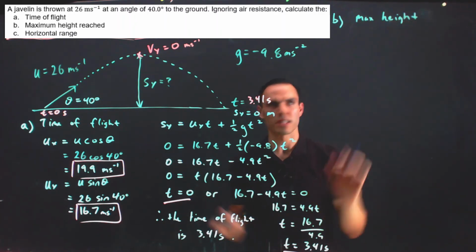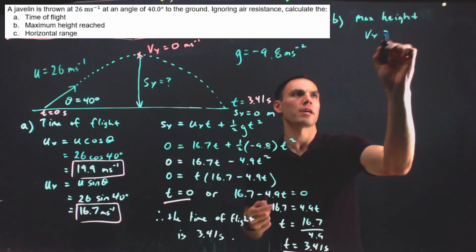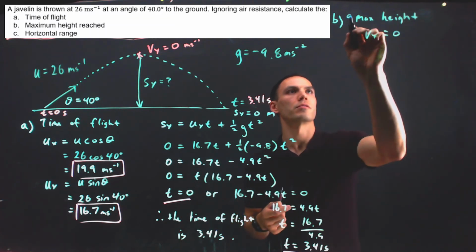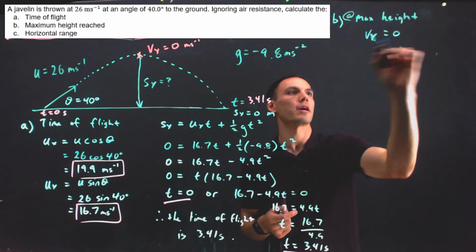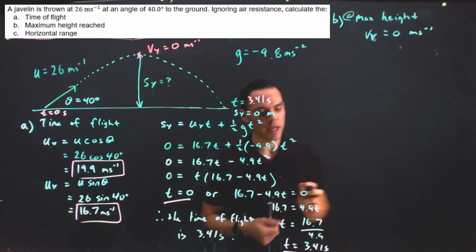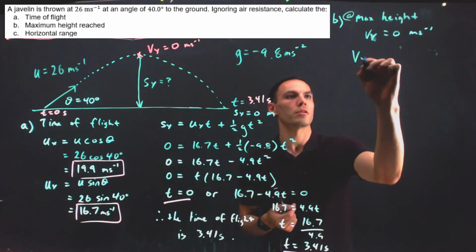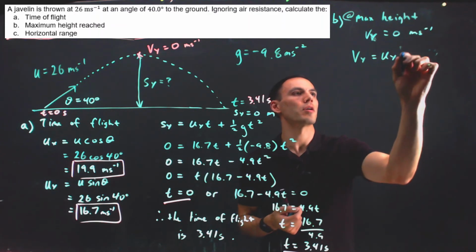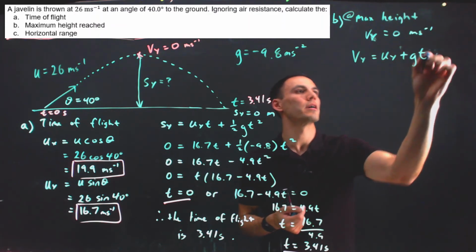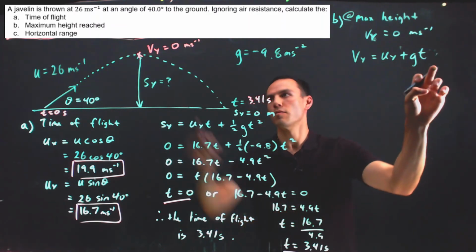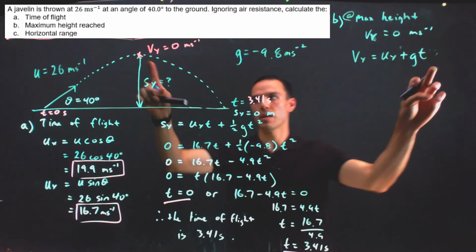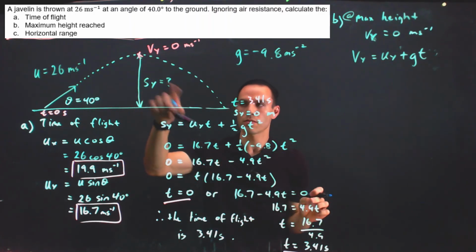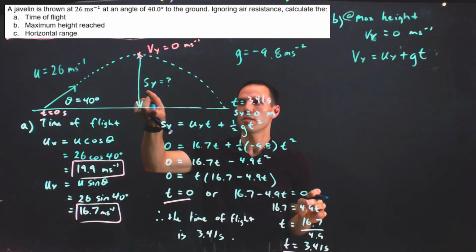So I normally say two things: at max height, Vy equals 0. Okay, using one of the equations of motion, Vy equals Uy plus gt, we can solve for what time that happens, and then we can solve for this thing here, which is the max height.